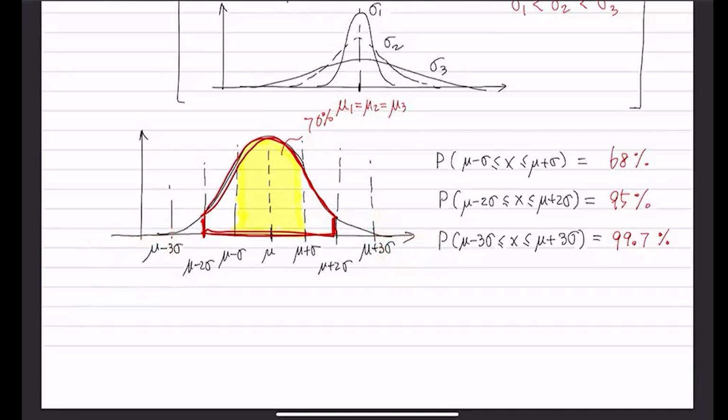It's really rare, right? Only 0.3% of your total population is going to be in that kind of regime, okay? So it's a super outlier. So have these numbers in your mind and you're going to look smart. And we'll talk about how to look smart having these in your mind, okay?